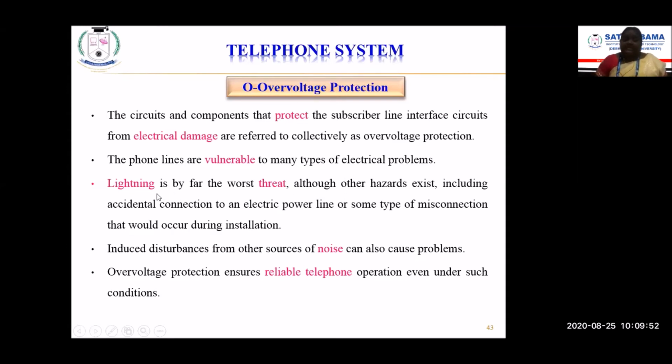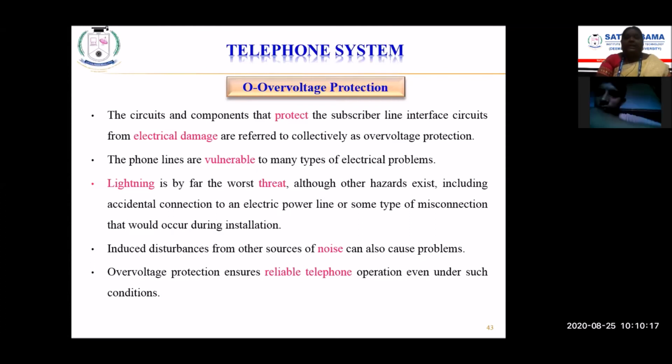Also, as I told you, lightning is by far the worst and most hazardous threat, because the telephone instrument is at our home. Whenever lightning occurs, it can be electrocuted through the wire, the telephone instrument will burst, and all the circuit components at our home will be electrocuted, which is a threat to our life. So that should also be protected.